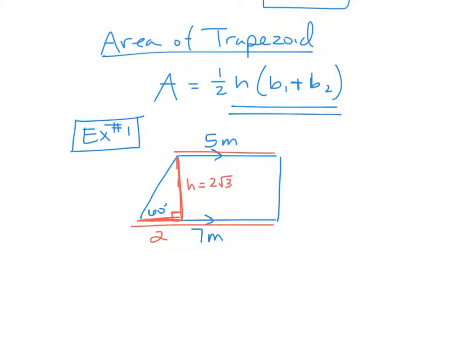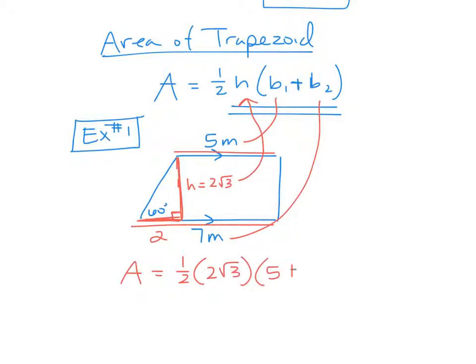So we're just going to plug into the formula what we know then. H is going to go here, and then B1 and B2 are interchangeable. So we're going to say area equals 1/2 times the 2 rad 3 times my base 1 plus my base 2. Okay, and then just pay attention to PEMDAS, right?